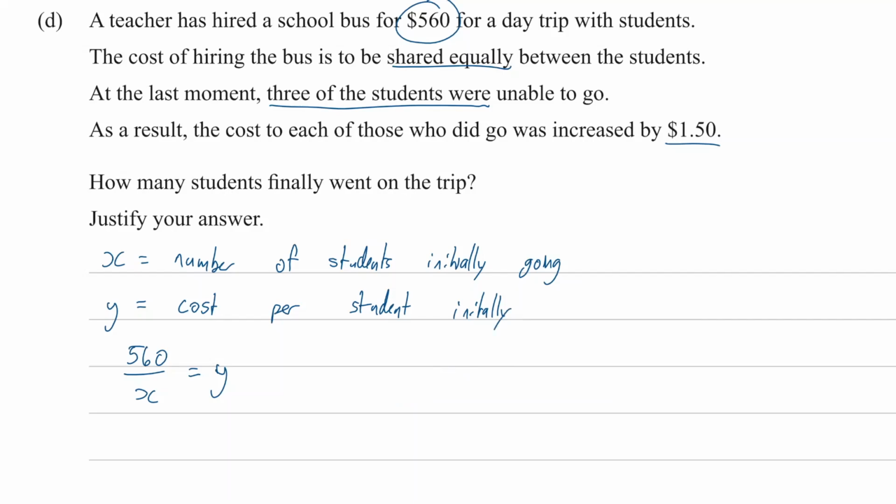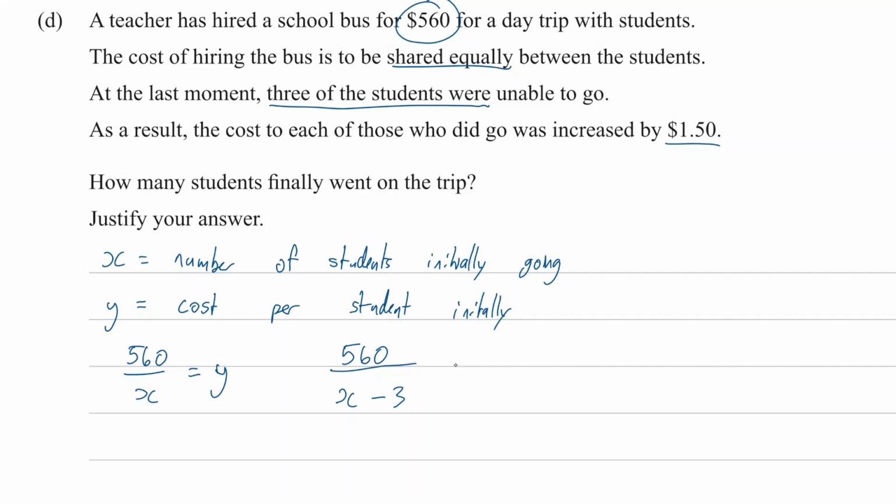So that's one equation. But now let's think how we could adjust this when 3 students don't come, the cost increases per student, right? But the cost to hire the bus stays the same. However, instead of shared between x students, it's 3 less. So x minus 3, right? So instead of 10 students, it's now 7 students.